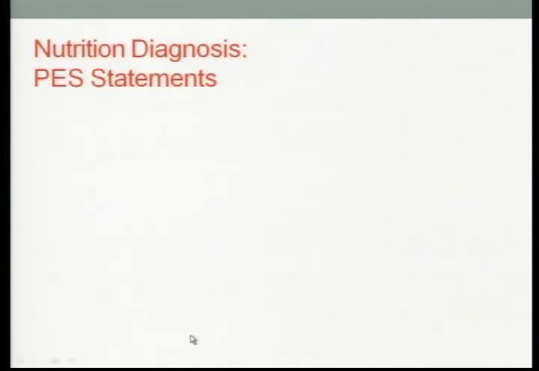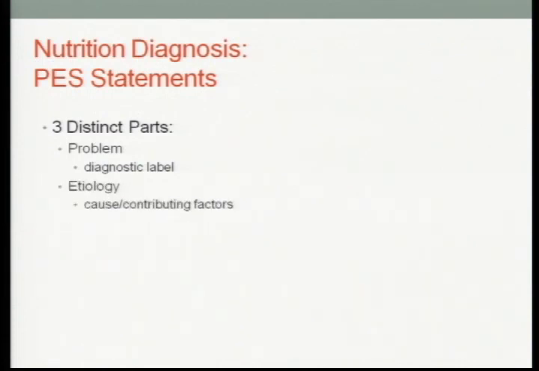So what is this PES statement? So kind of the statement that brings this all together, that tells the nutrition-related problem, the etiology, and what your evidence is for that nutrition-related problem is the PES statement. And it's problem, etiology, and signs and symptoms.